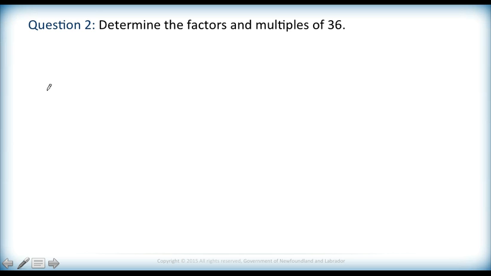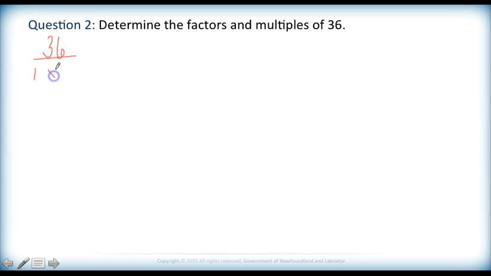Next, determine the factors and multiples of 36. Let's start off with trying to find the factors of 36. What numbers will multiply to give us 36? So 36.